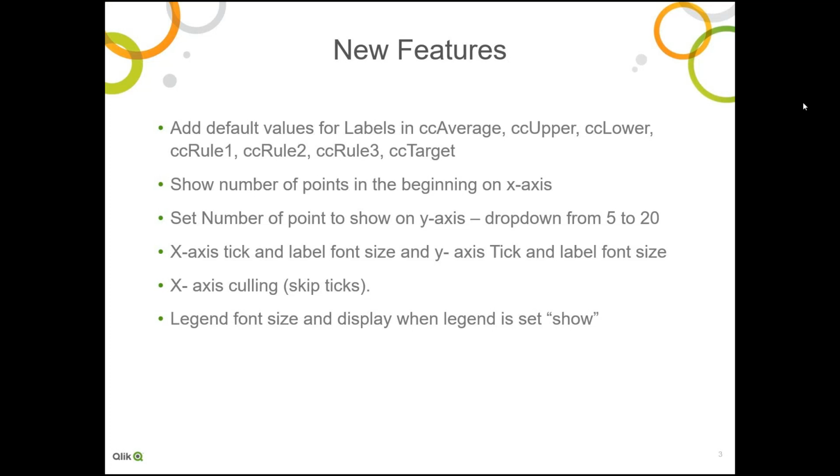Set the number of points to show on the y-axis, and also giving you more control over the formatting and the style of the x-axis, including the ability to change the font size and also pick how many ticks that you want to show. So hopefully these features will help improve, I guess, the look and feel of your charts.